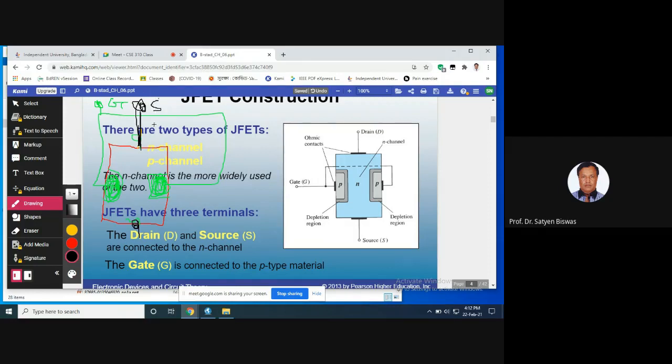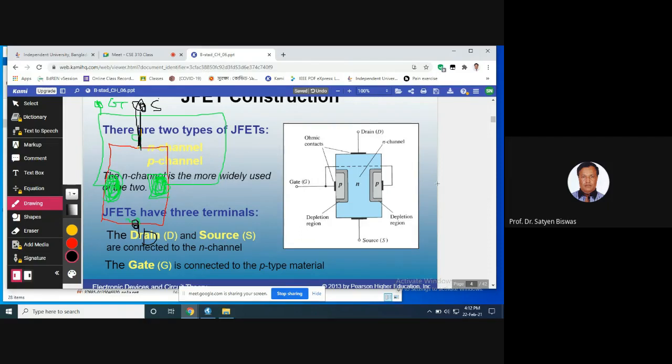I can consider this one source and this one drain. It doesn't matter because it is exactly symmetrical. But the book says the upper side is drain and the lower side is source. Yes, normally we do this. This is a standard, and there is a reason why we put the source at the bottom.